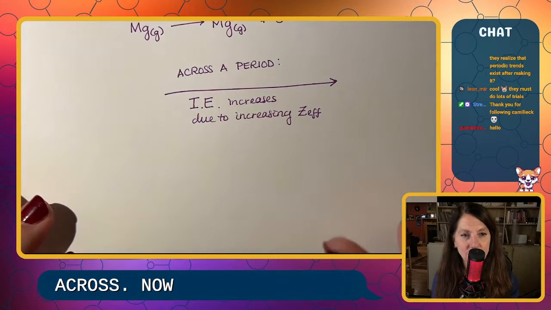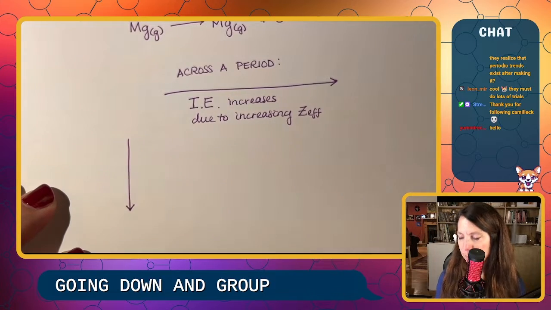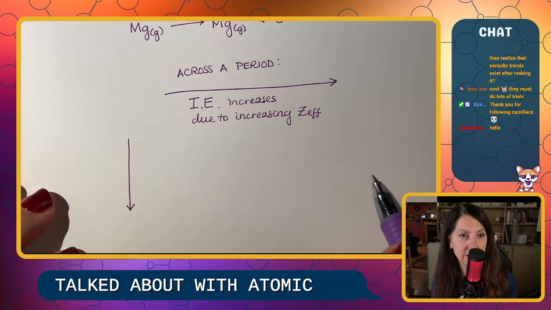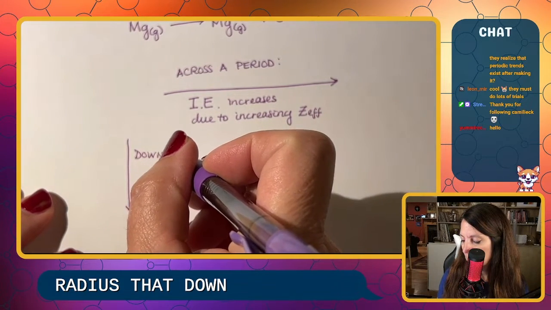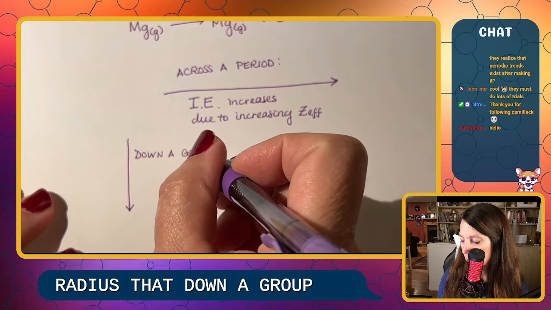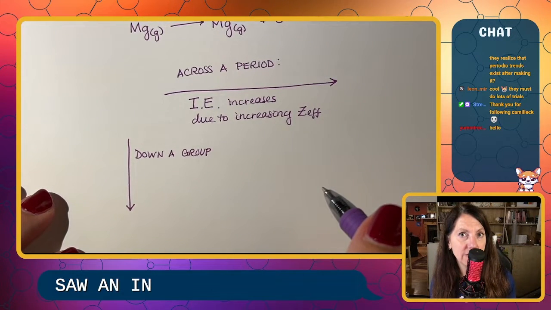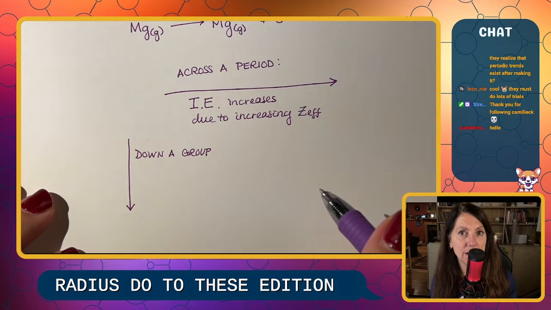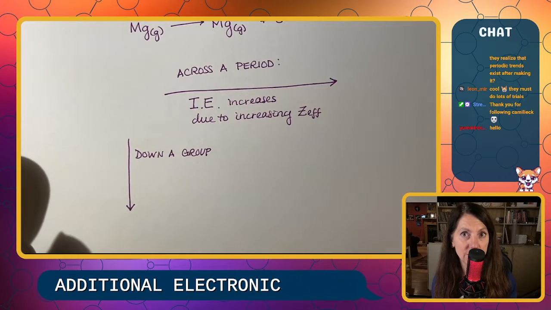Now, in terms of going down a group, we talked about with atomic radius that down a group we saw an increase in the radius due to these additional shells, these additional electron shells.